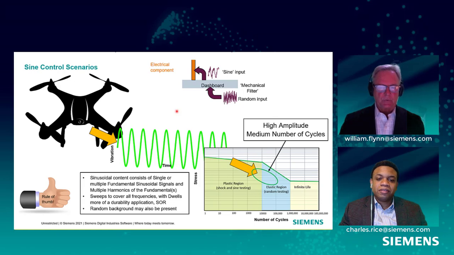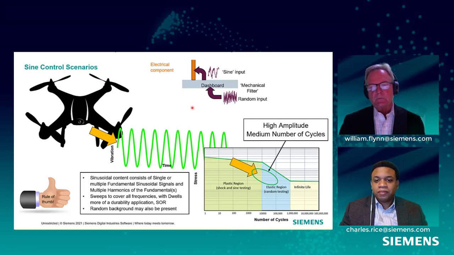According to the military standard, MIL-STD-810, they tell you to do these dwells at the operational frequencies, but you have to know what those are. Then they give you guidelines on amplitudes and how to apply those, as far as duration and some of the test setup parameters. So that's how you would use sine dwell.